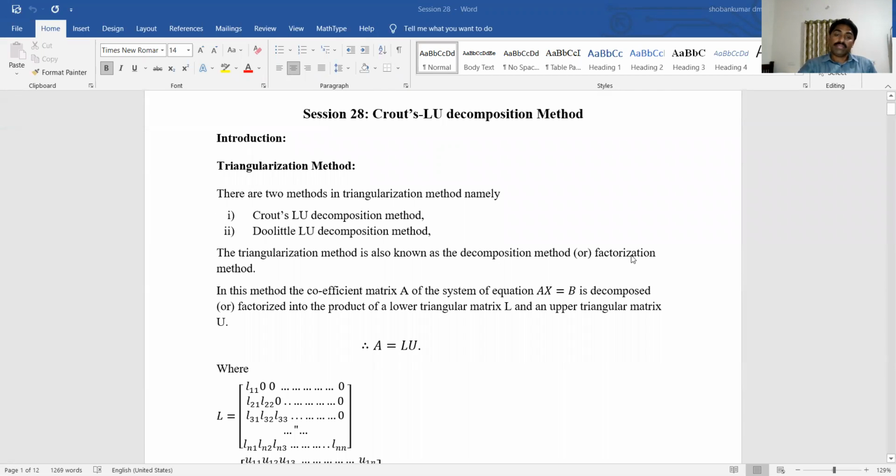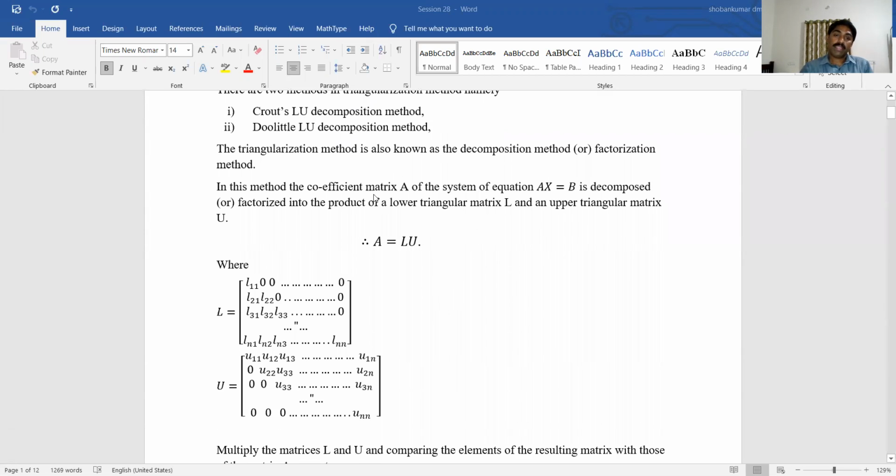Introduction. First, we know the triangularization method. There are two methods in the triangularization method, namely Crout's LU decomposition method and Doolittle LU decomposition method. The triangularization method is also known as a decomposition method or factorization method.